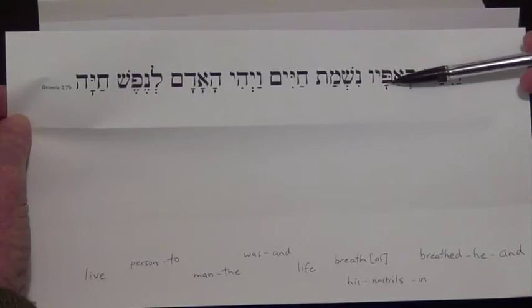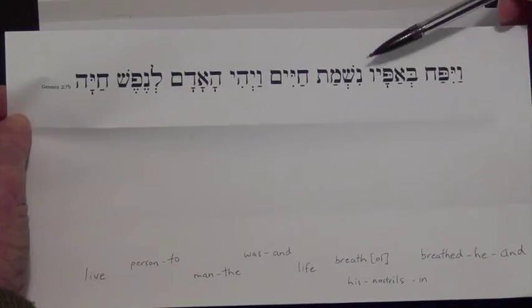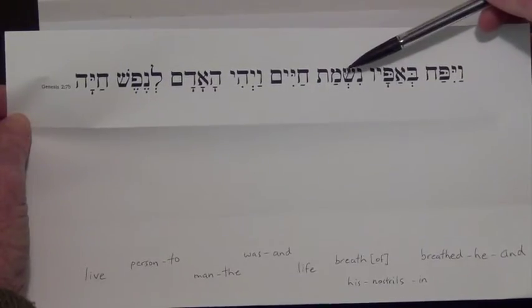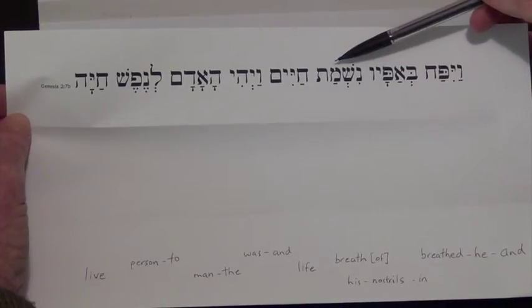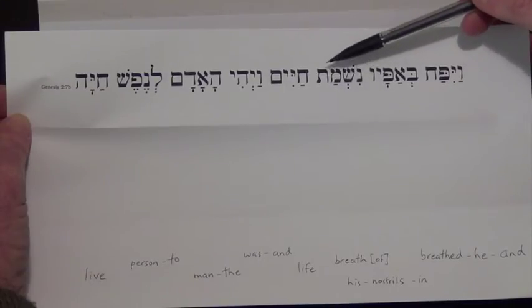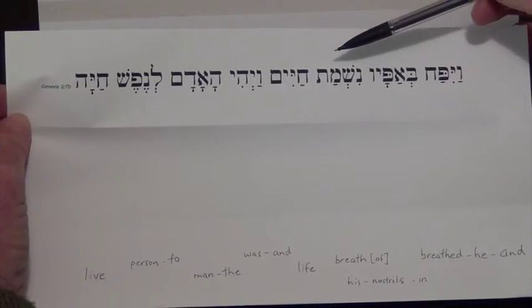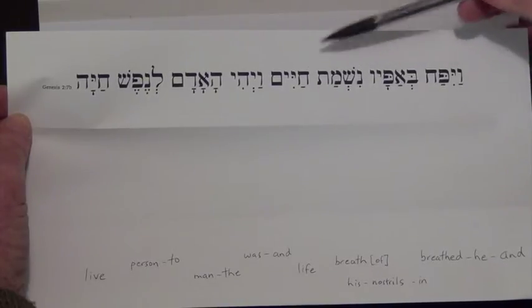Nishmat, that means breath. And it would normally have an H ending, but this T ending is because it's what's called a construct form, and it's linked with the next word.